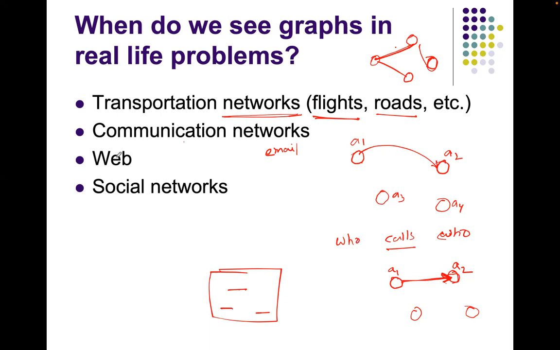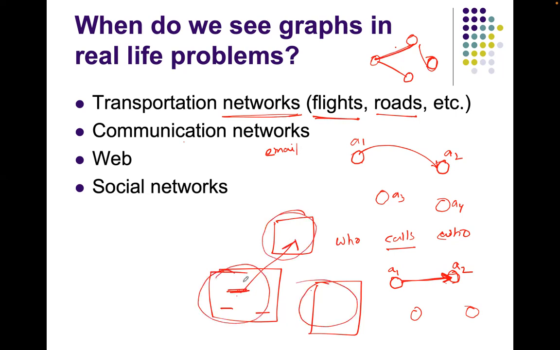So in a web network, each web page is a node, and if one page has a direct link that can bring us from one page to another page, then we can have an edge between these two pages. The nodes are the pages, and the edge means which page has a link to which page. So this is also an example of a directed graph.